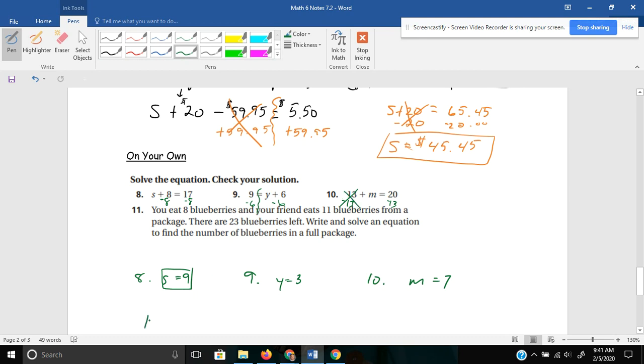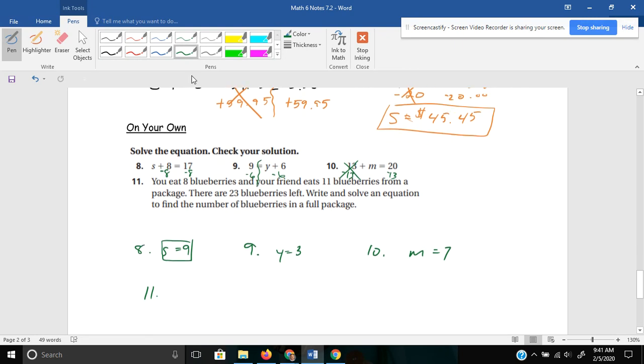And lastly, number 11, it says you eat 8 blueberries and your friend eats 11 blueberries from a package. There are 23 blueberries left. Write and solve an equation to find the number of blueberries in a full package. It's kind of similar to this one. So we're trying to find how many blueberries are in a full package. You ate 8 of them, so that would be subtracting 8 from the total. And your friend ate 11, so that would be subtracting 11.